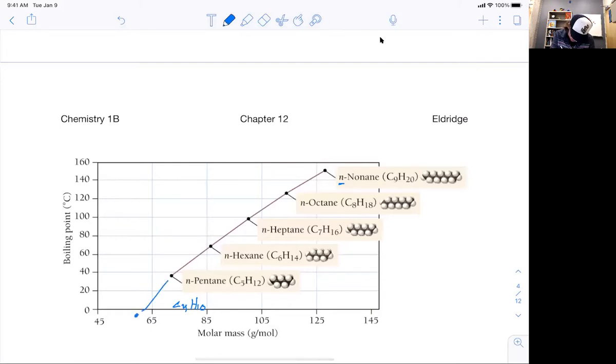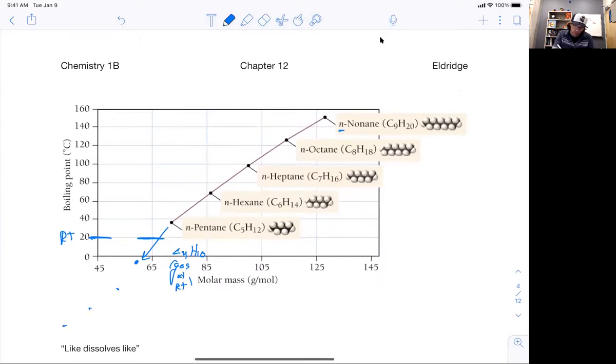So you can see the trend continues. It would be a gas at room temperature. That's right, 20 is room temperature. And then that keeps going. Propane and ethane and methane all get lower and lower, but they're all gases at room temperature and pressure.